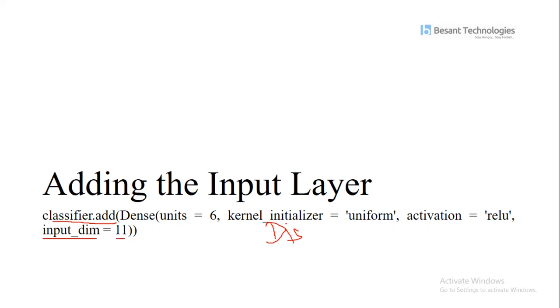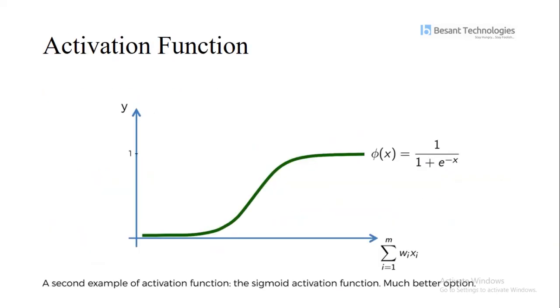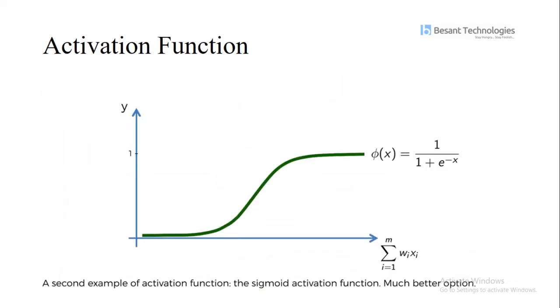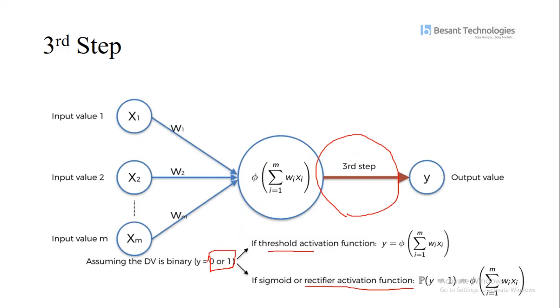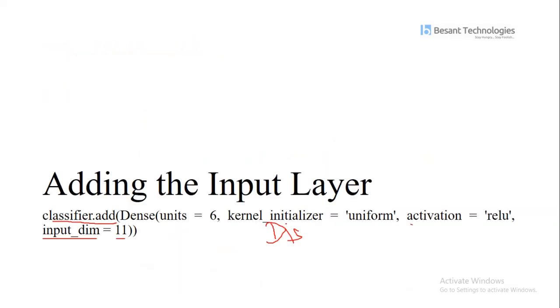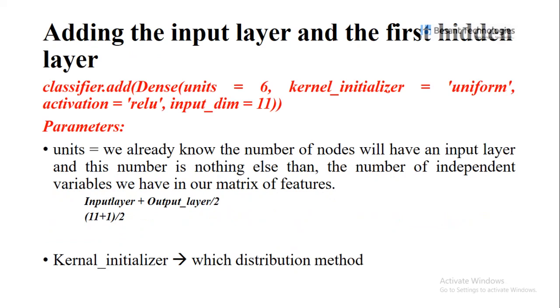Here we are choosing a total of 11 input nodes. In theory we discussed the sigmoid activation, but here I am choosing the rectifier, that is ReLU, which is your rectifier function. This is the script we need to add for our input layer.